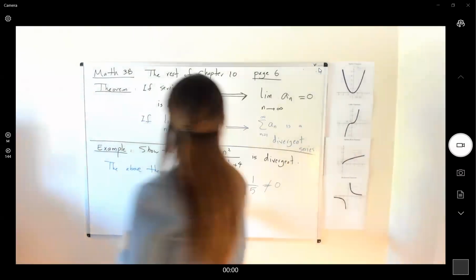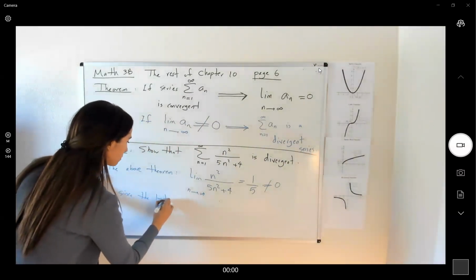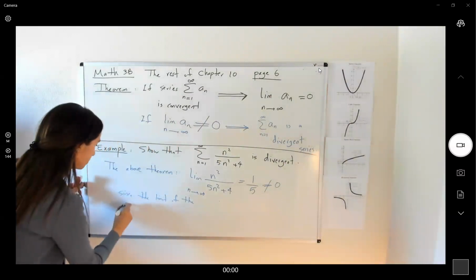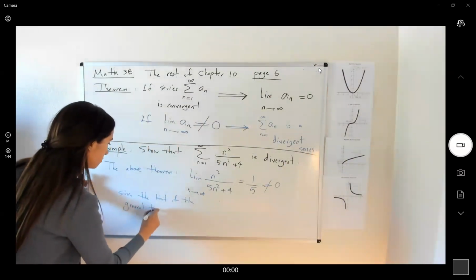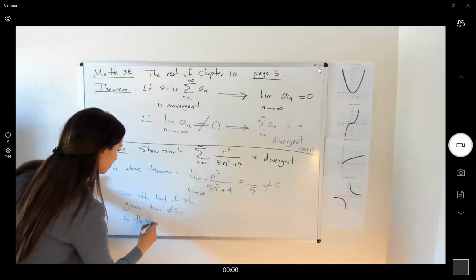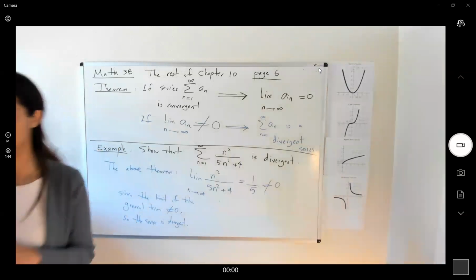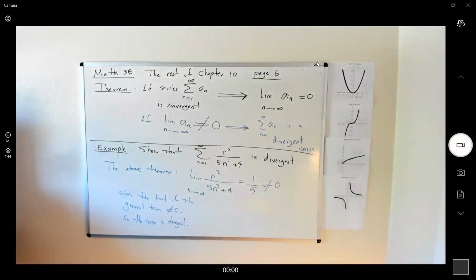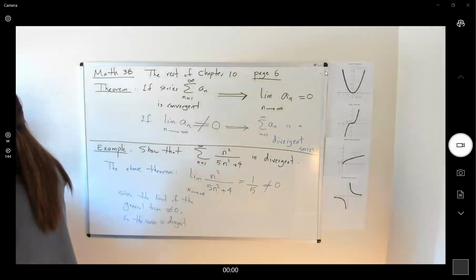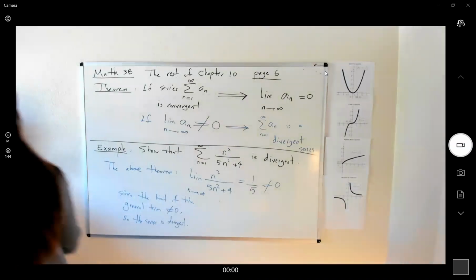So, since the limit of the general term is not 0, the series is divergent. Okay, perfect. Next example.